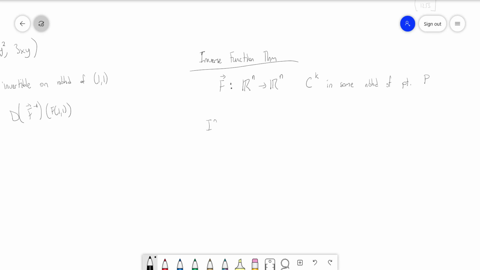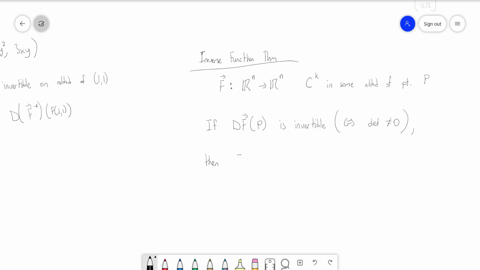So the inverse function theorem says if the derivative of f evaluated at the point P is invertible, which you can check by computing the matrix of partial derivatives and checking that the determinant is non-zero. Remember, determinant being non-zero is equivalent to being invertible.